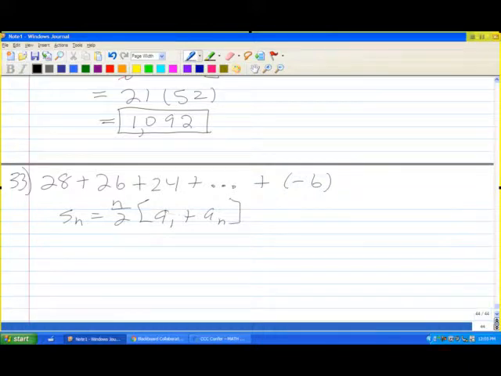Unfortunately, just like in the last case, I don't know what n is. So in order to figure out n, I'll use the formula for the general term of an arithmetic sequence.